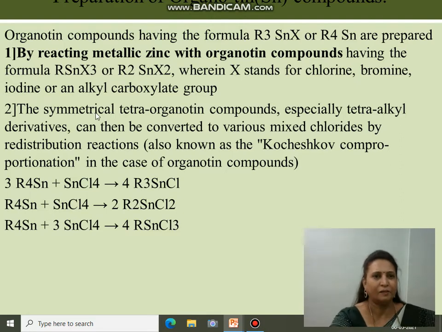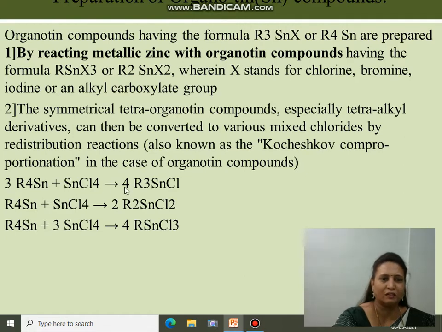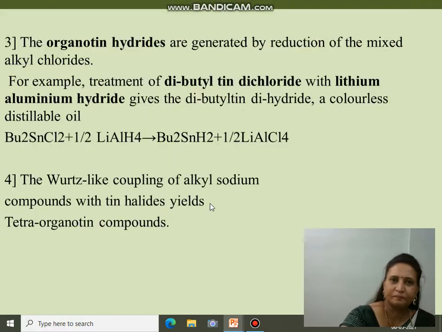The symmetrical tetraorganotin compounds, especially tetraalkyl derivatives, can be converted to various mixed chlorides by redistribution reaction. So these are the reactions where redistribution takes place.